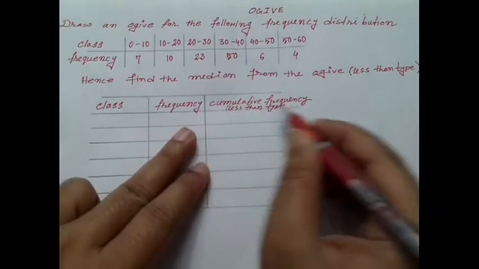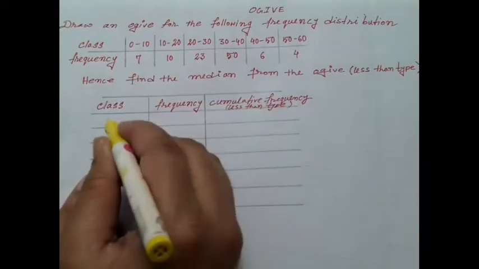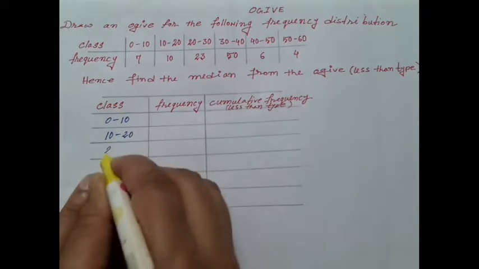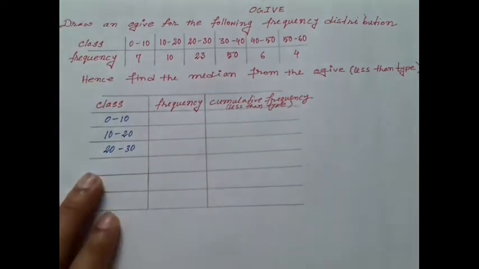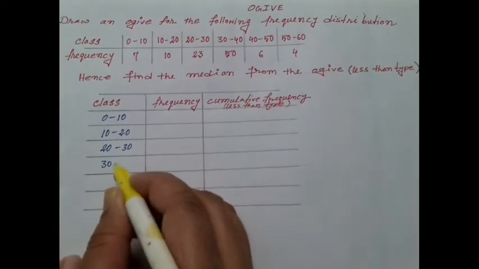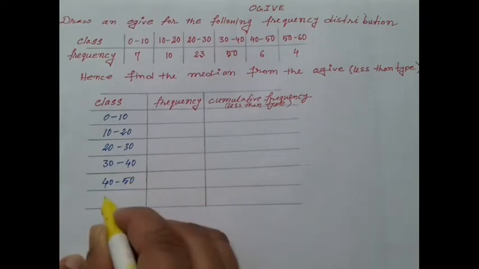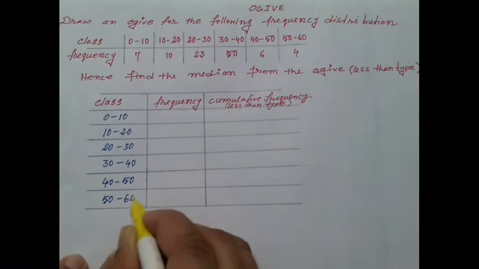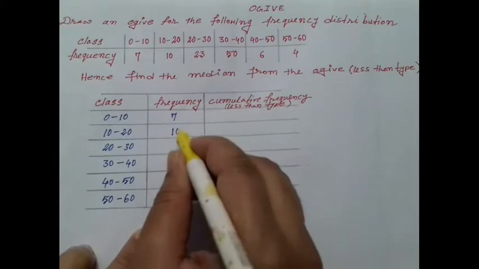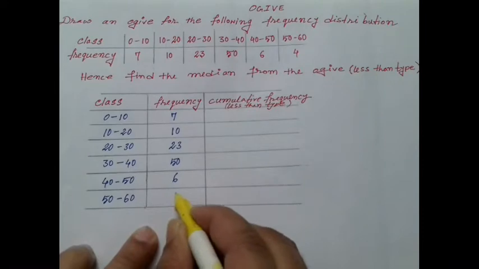Now we have to write the given classes: 0 to 10, 10 to 20, 20 to 30, 30 to 40, 40 to 50, 50 to 60. Frequency 7, 10, 23, 50, 6, 4.